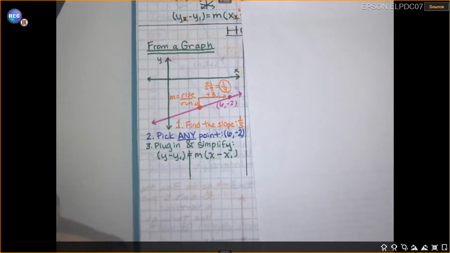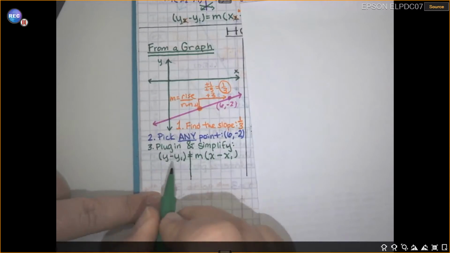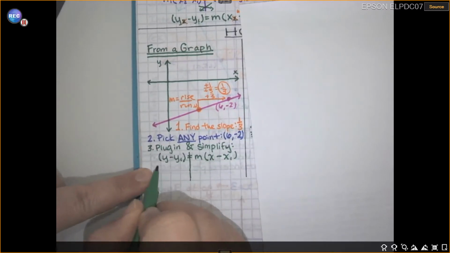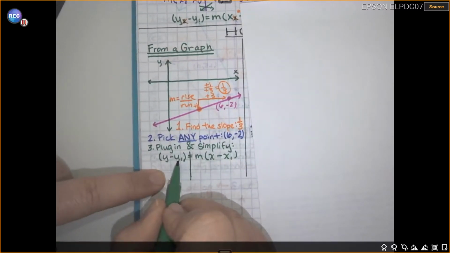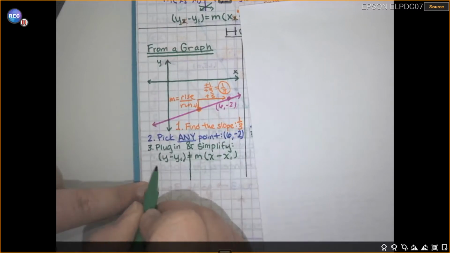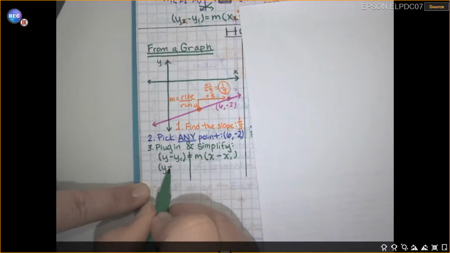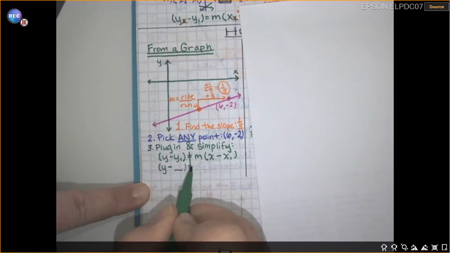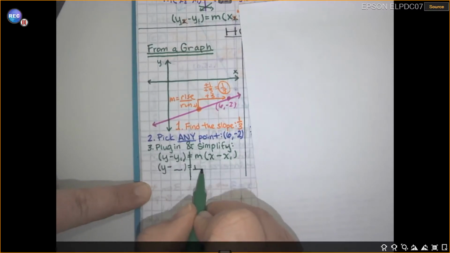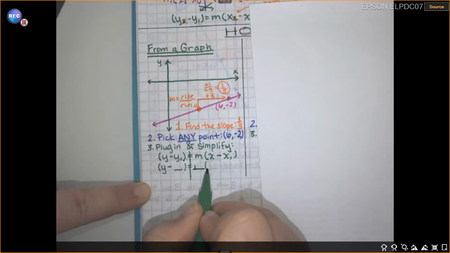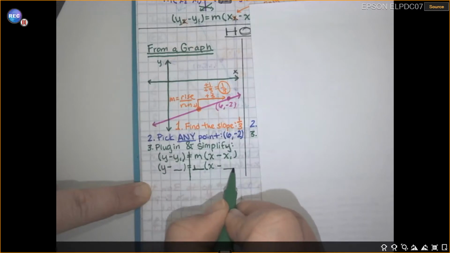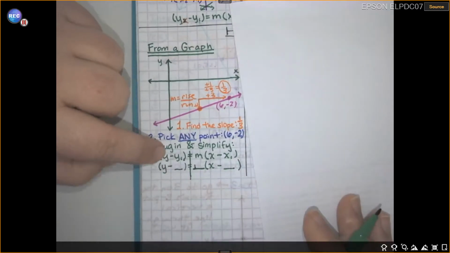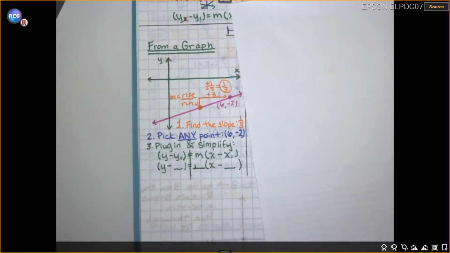So something I like to do is I will literally copy everything but leave spaces for y sub 1, m, and x sub 1. So what I mean is y minus blank equals, m, I don't know what m is, blank, x minus blank. And so that way I know I have my minus signs in because they are built into the problem.